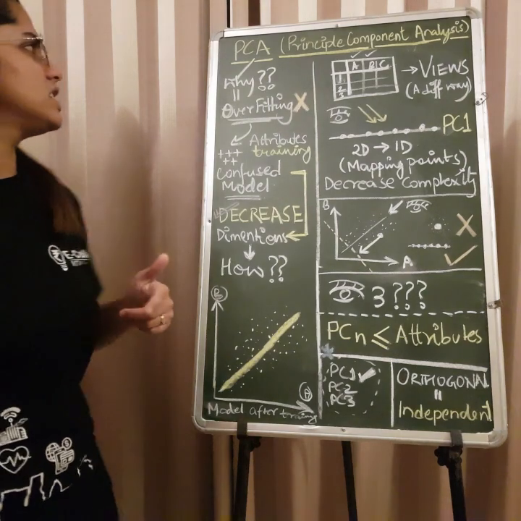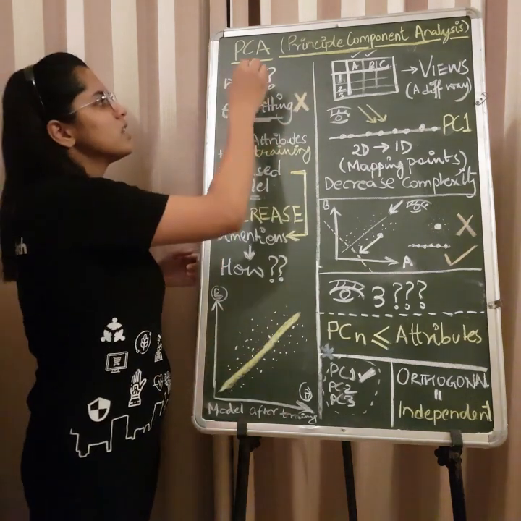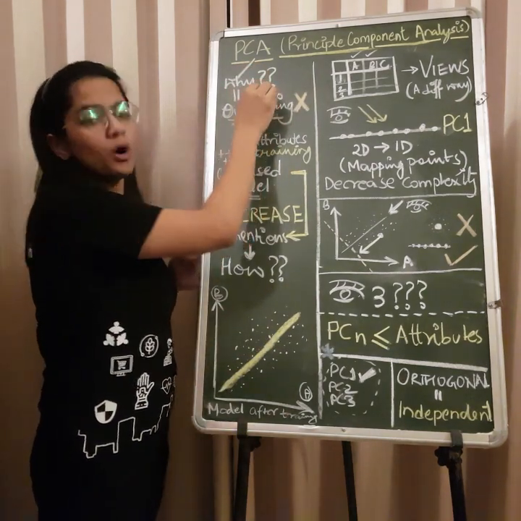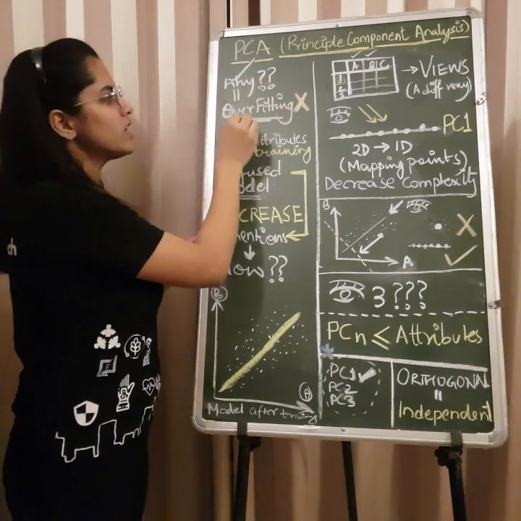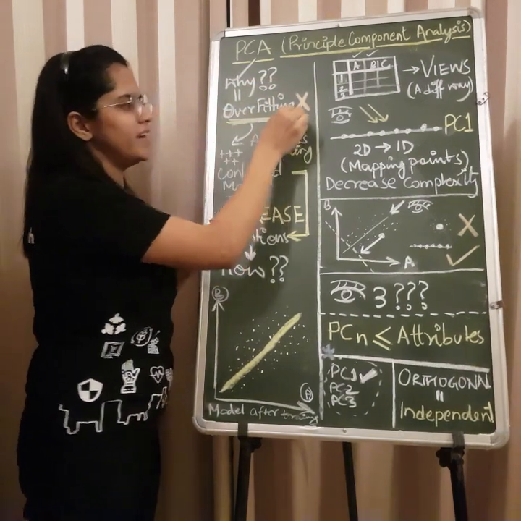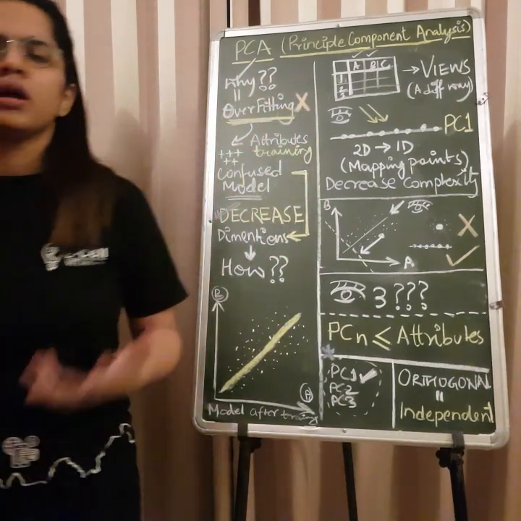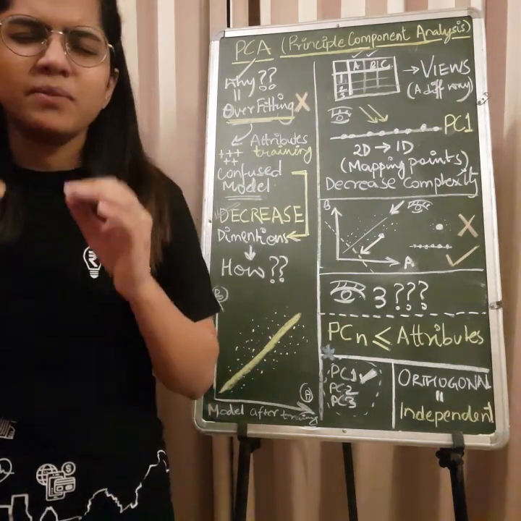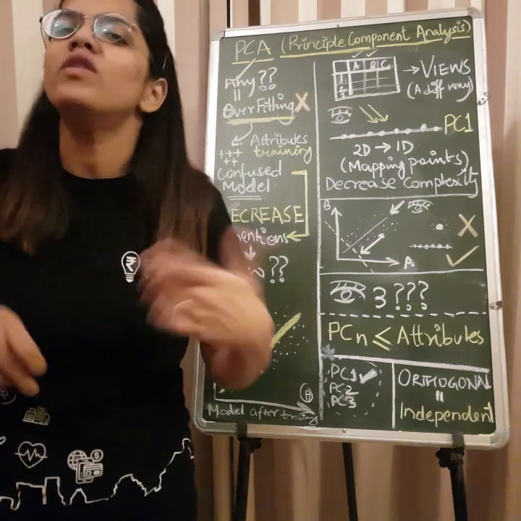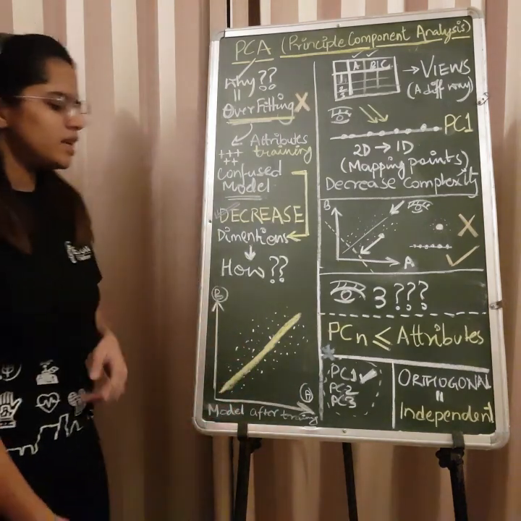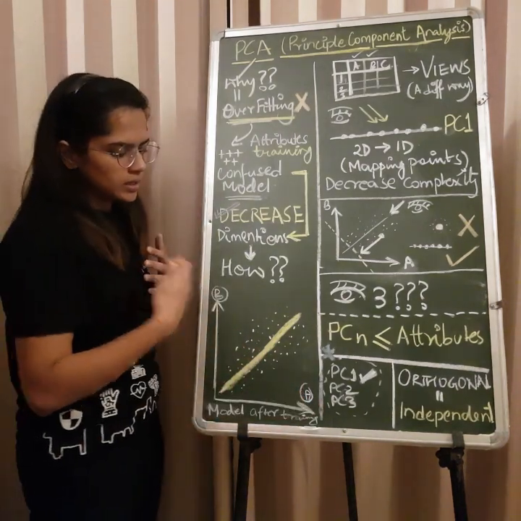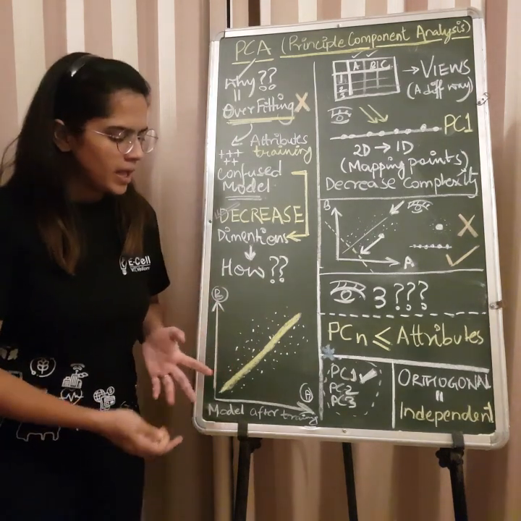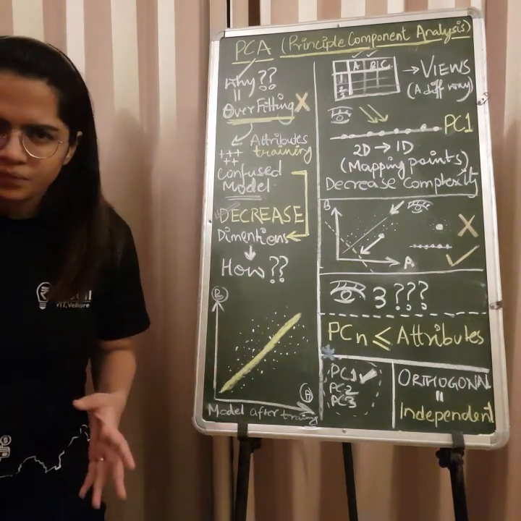In other technical terms, we can say the need for principal component analysis is to overcome the problem of overfitting. Now, for those of you who are not aware of what overfitting is, let me put it in very oversimplified words. Let's say you plot two attributes here, and you train a model.